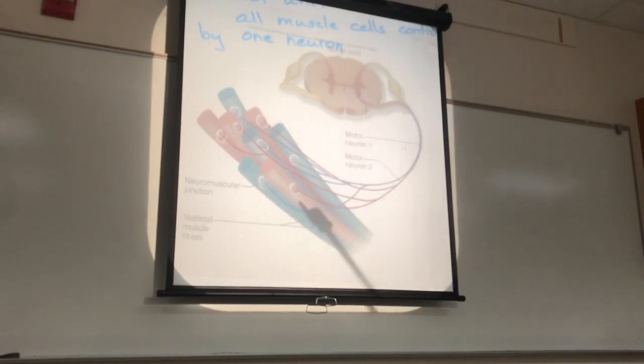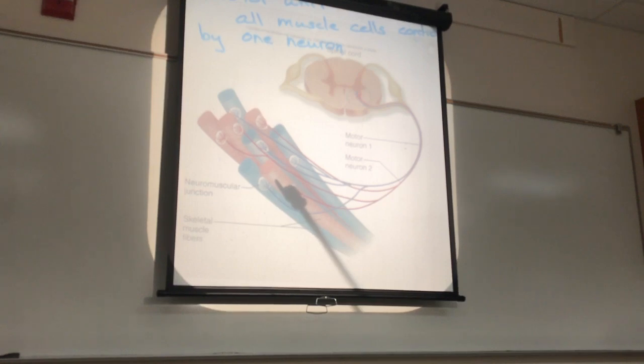So the blue neuron is controlling the blue muscle cells. This is a different motor unit. Action potentials coming down the red one are going to cause the red cells to contract. Action potentials coming down the blue one are going to cause the blue cells to contract. If we have action potentials coming down both of them, all 8 cells are going to contract.